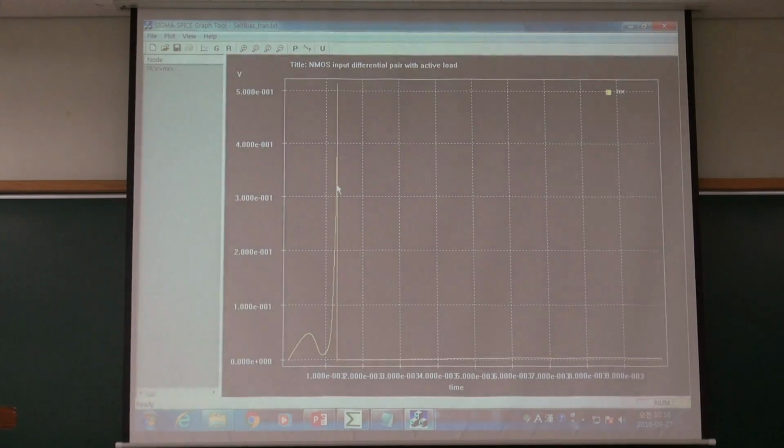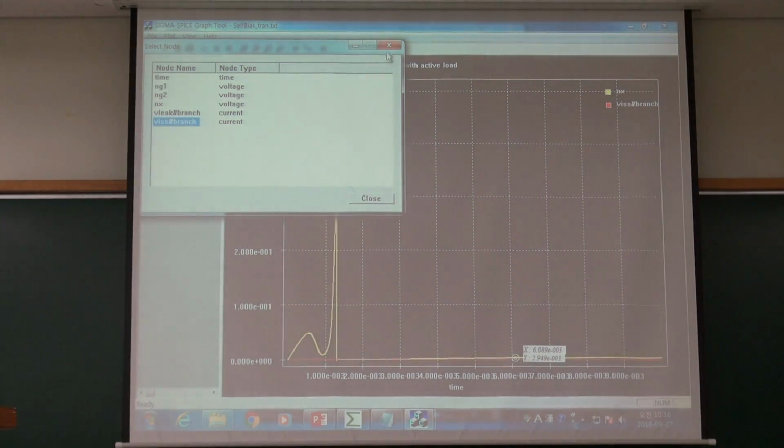This is the NX voltage after startup. What's the value? My NX voltage is 2.9 millivolt. It's almost zero, 3 millivolt, right? Because the PMOS is very small. How about the current?